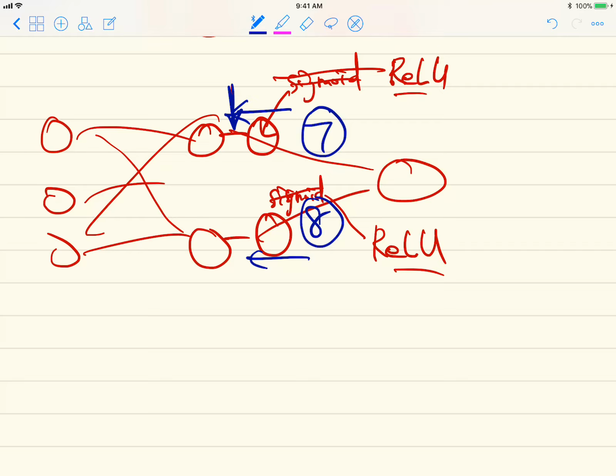Suppose the activation was 3, for example, and here the activation was -4. Okay, so in this case, given the gradient value of 7, what is the gradient value over here? So this is again ReLU.